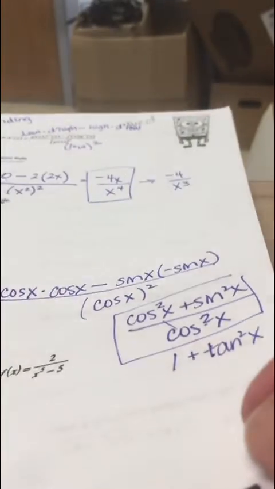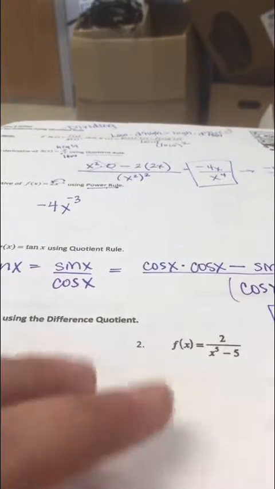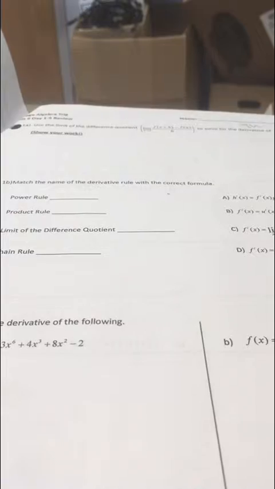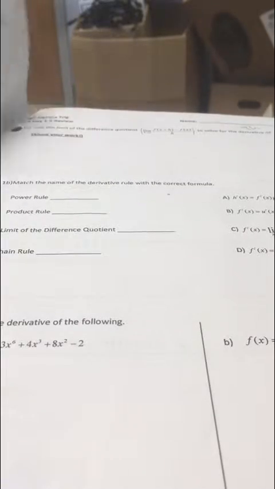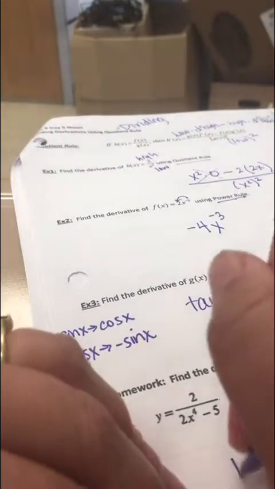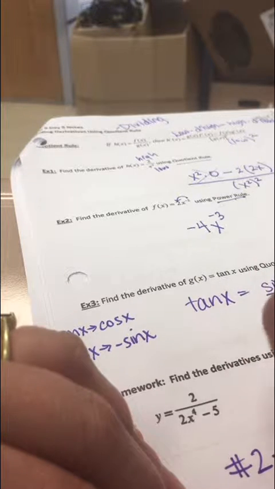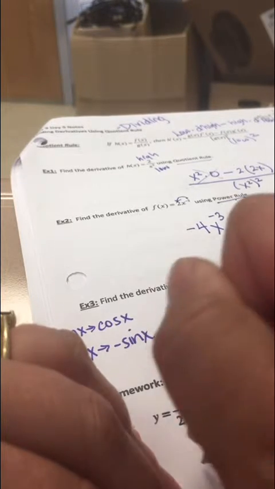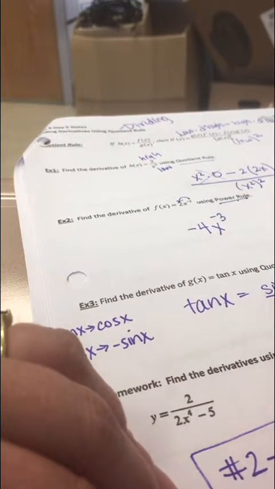All right, so let's see the homework. What I would like you to do is 2 through 8 even on page 27.